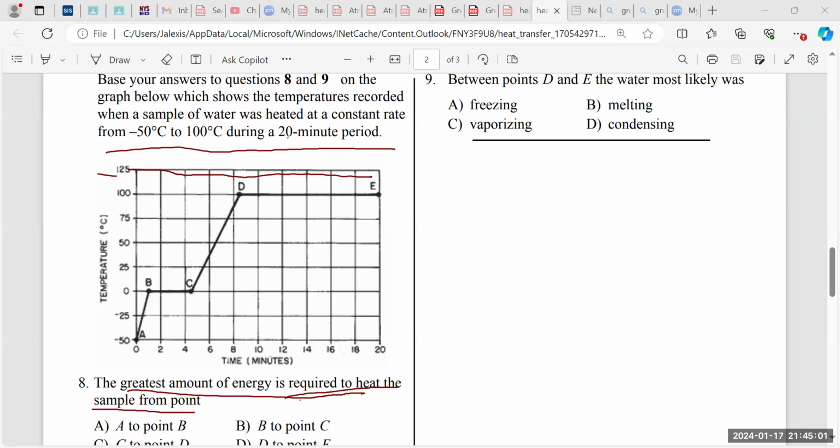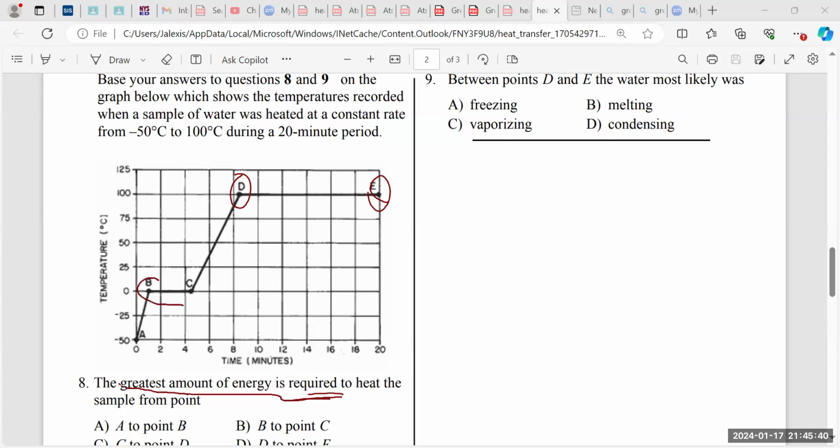And so the two points that are heating up an object for the most amount of time are going to be from choice D to E. So from D to E lets me know, since this is the most amount of time that I'm heating up the water sample, it's also the greatest amount of energy that is required to heat the sample in order to increase its temperature. So that's something that we have to keep in mind.